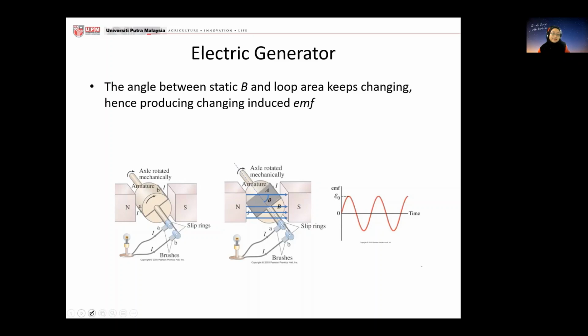That is how an electric generator works, and how you can turn mechanical energy from the turbines into electricity, which is then transported through the transmission line, then the distribution line, and finally goes into your houses. That's how.